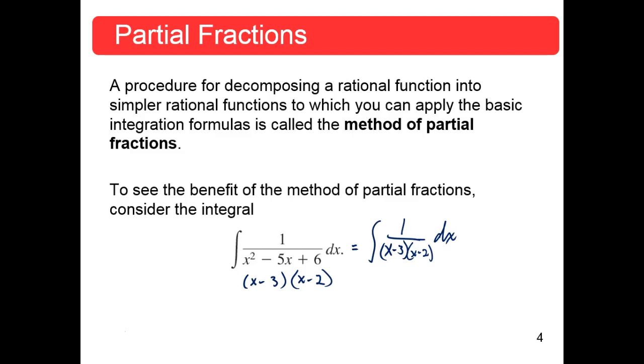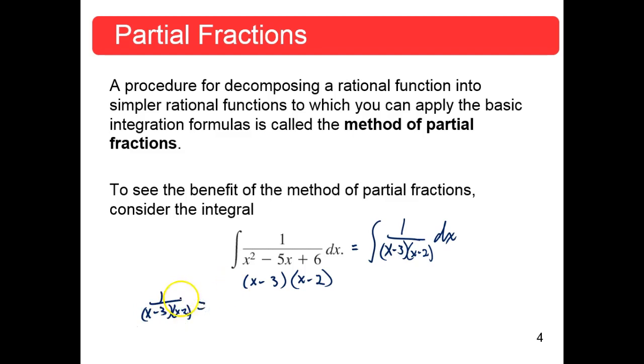Because you see this has a product in the denominator, I am convinced that somewhere out there there's some fractions. Let me write that denominator, 1 over x minus 3 times x minus 2.